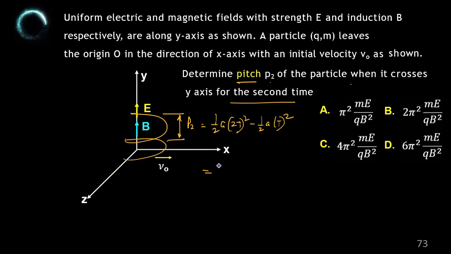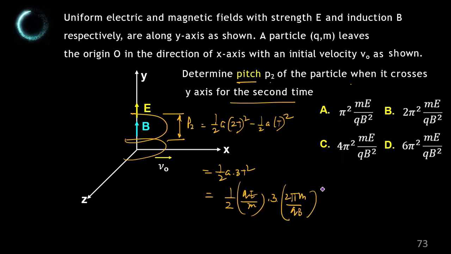Okay, that is half A into 3t square. So half into A means QE by M into 3, 2 pi M by QB whole square, means 6. Option B. Okay, second time.